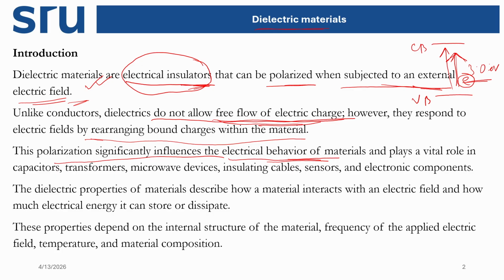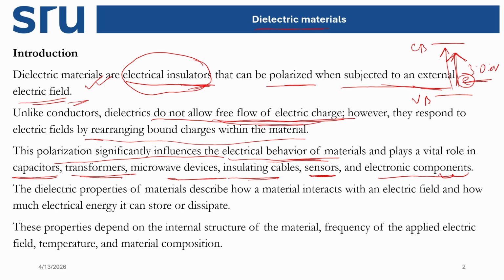This compound can be useful for different purposes like capacitors, transformers, microwave devices, insulating cables, sensors, or electronic components. That's why it is very important to understand the properties of the dielectric materials, how they behave, and where we can use them.